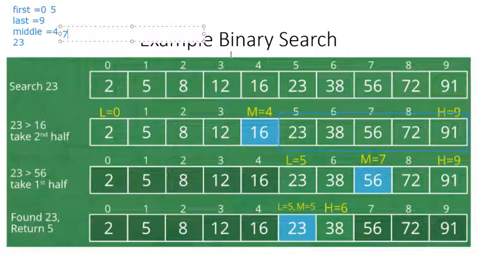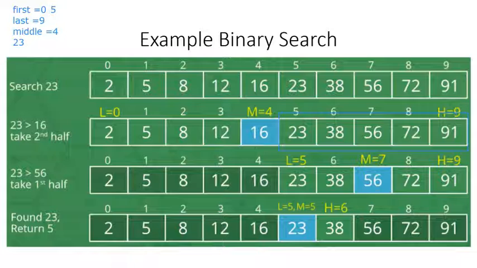So where should we now search for the element? We should search on the left hand side of 56, which is this. So now our list has been reduced to these two elements. The value of first will not change.